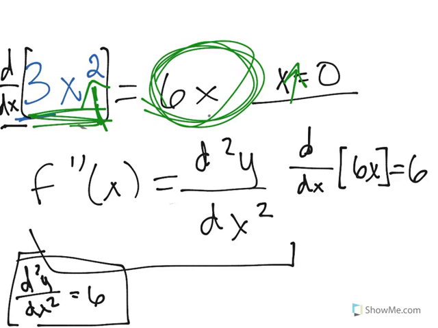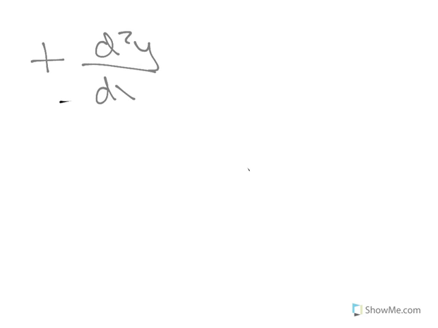Now, having a positive second derivative, this is kind of a rule. A positive second derivative means like a u.